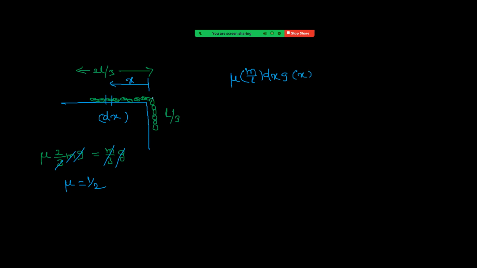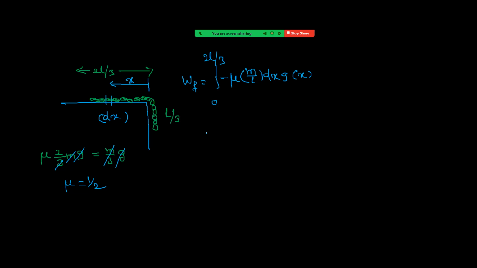Displacement is x, and between displacement and frictional force the angle is 180. So we have to take all elements from x equal to 0 to x equal to 2L by 3. That is the work done by frictional force.